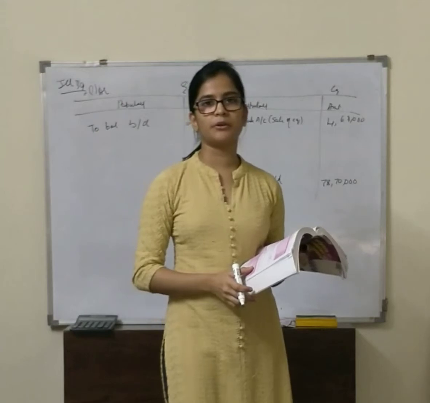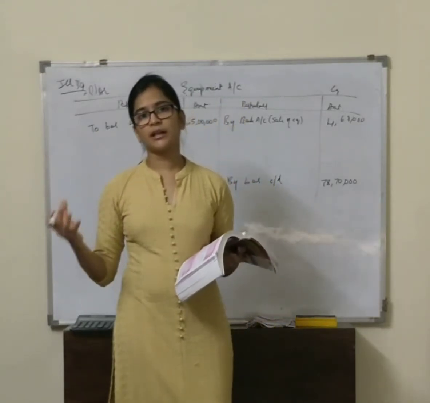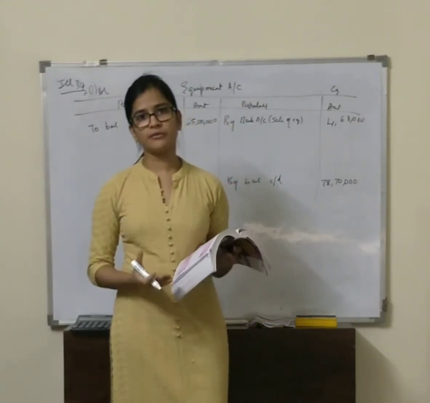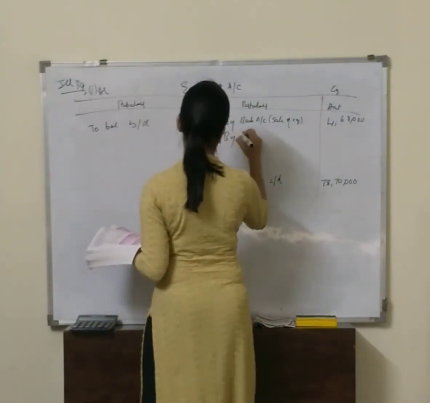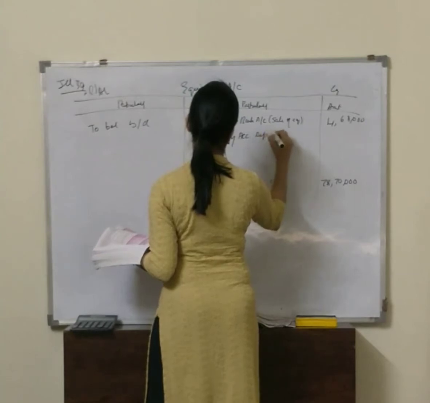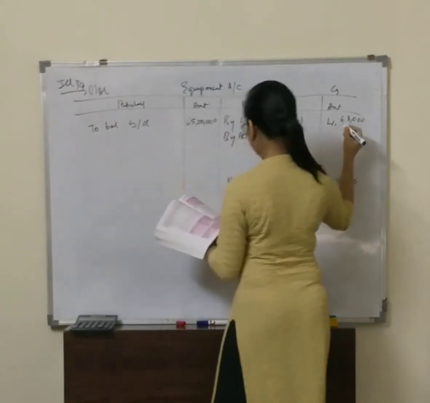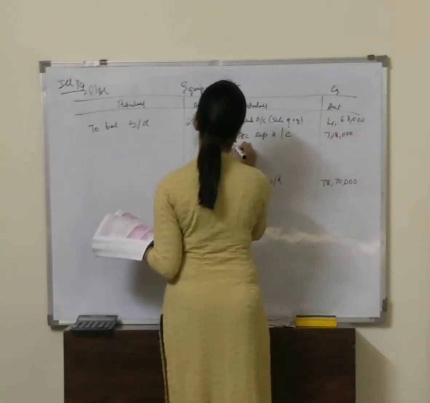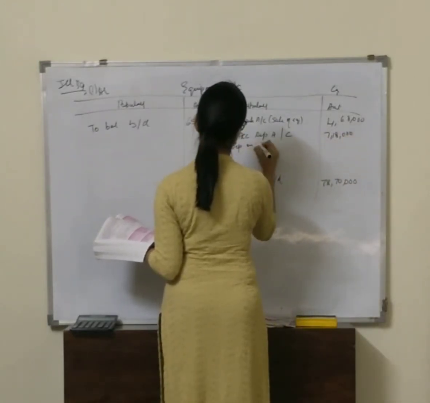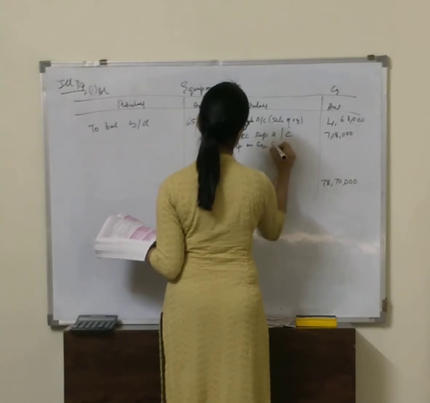What is accumulated depreciation? The depreciation that has been accumulated in the particular fixed asset over the past few years. So write by accumulated depreciation account, it is 7,18,000. In bracket you can write depreciation on equipment sold.